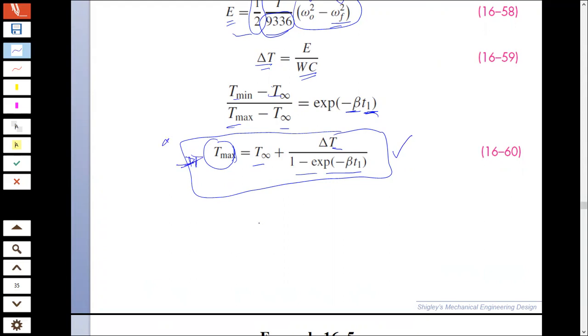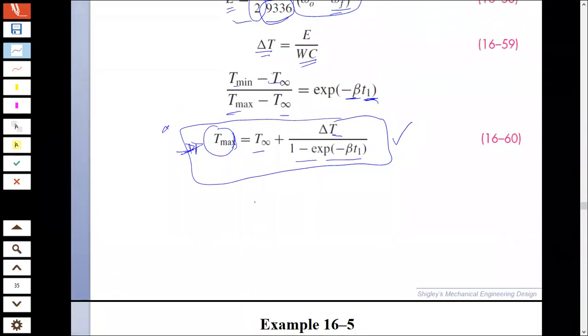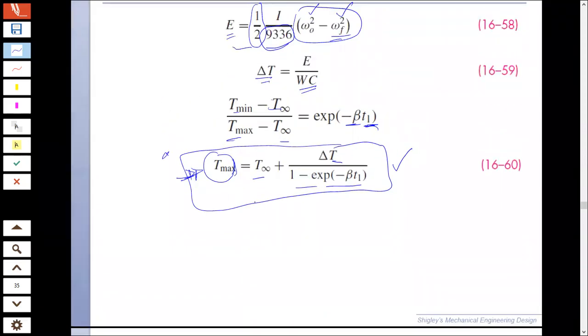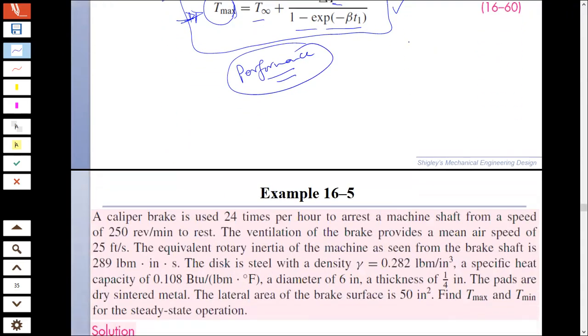But still it gives us information that can be very useful, from which at least we can measure the performance. Basically, this is the performance parameter for the clutch and the brake, that the temperature should not go really high so that it will not perform its function.